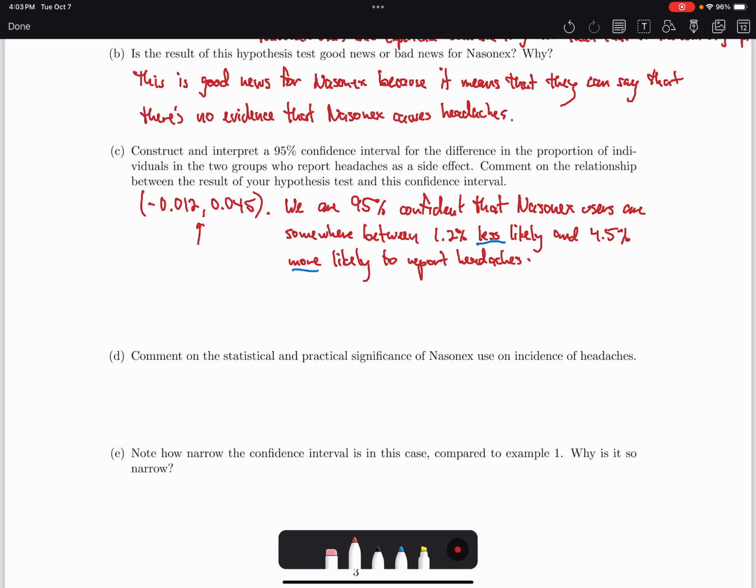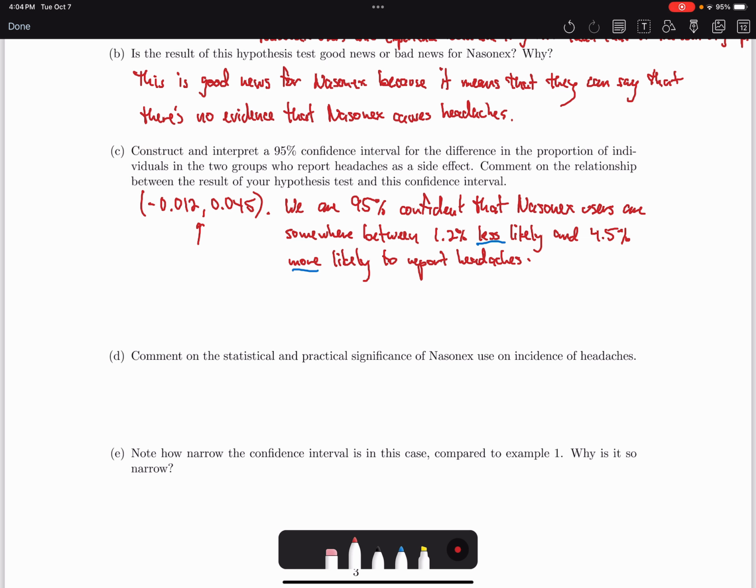So it's possible that the difference between Nasonex users and the control group is 0%. In other words, it's possible that there's no difference between these groups. And because it's possible that there's no difference between these two groups, we can't reject the null hypothesis, right?